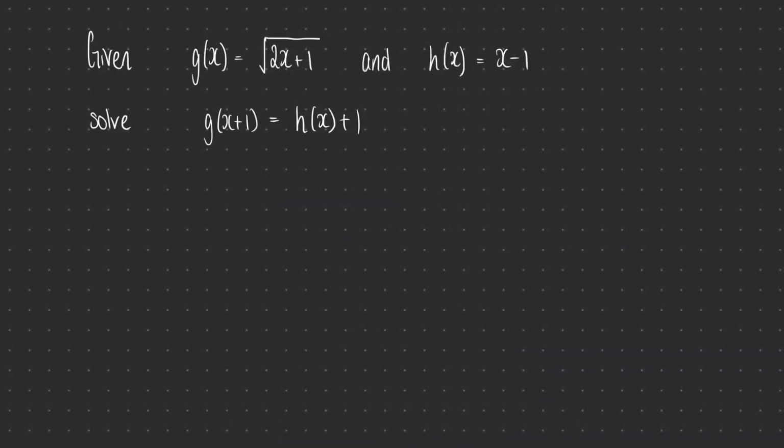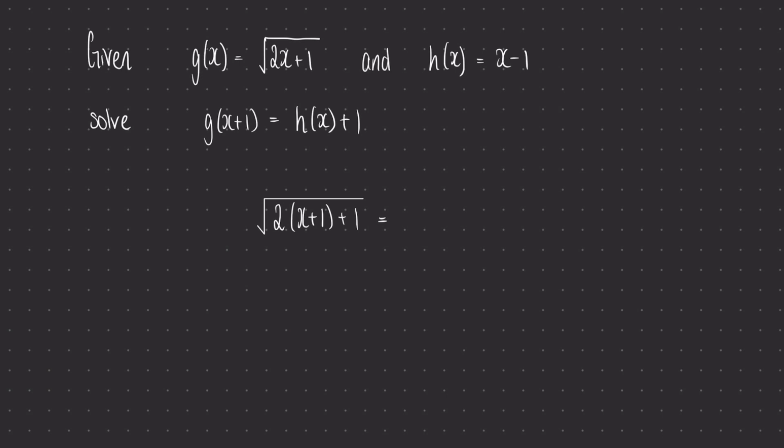This is our final example. So on the left-hand side of my function equation, I have g of x plus 1. The input of g is no longer x, it's been replaced with x plus 1. So we go back to our function g, and wherever we had an x on that right-hand side, we're now replacing with the input x plus 1.